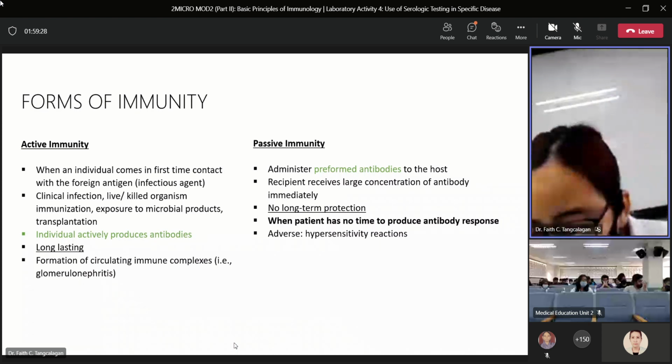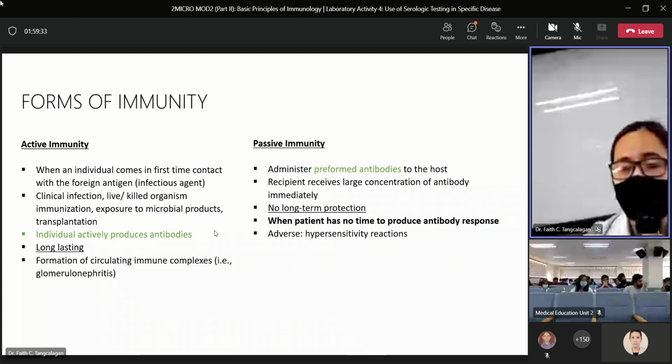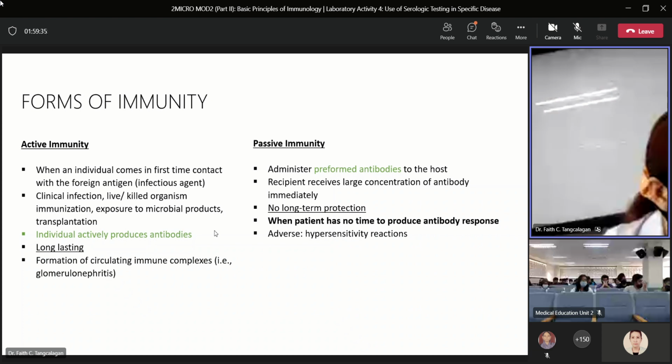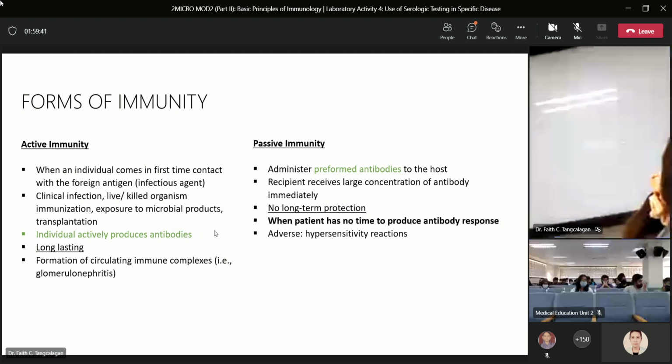So what is active immunity? Do you recall active immunity?